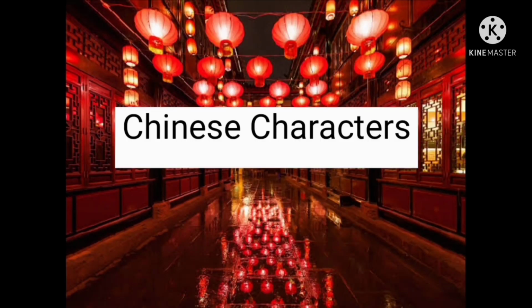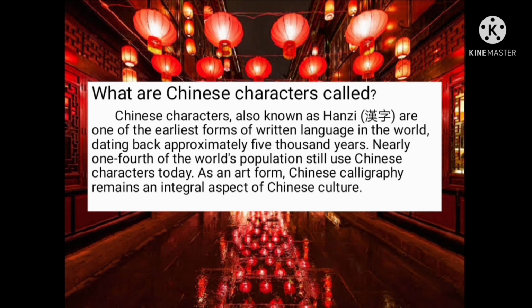What are Chinese characters called? Chinese characters, also known as Hanzi, are one of the earliest forms of written language in the world, dating back approximately 5,000 years. Nearly a quarter of the world population still use Chinese characters today.